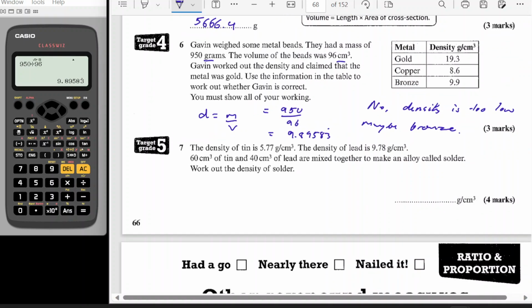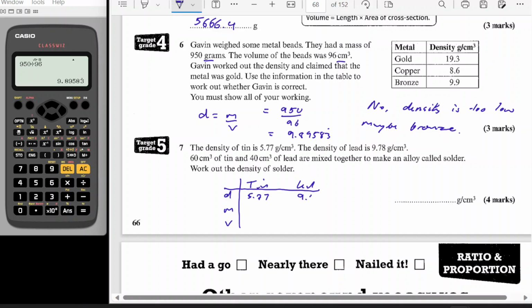So question 7. The density of tin is 5.77 grams per centimeter cubed. The density of lead is 9.78 grams per centimeter cubed. 60 centimeters cubed of tin and 40 centimeters cubed of lead are mixed together to make an alloy called solder. Work out the density of the solder. Okay, so I'm going to use a very basic table for this. We've got tin and lead, and I'm going to look at density, mass and volume. So density of tin is 5.77.